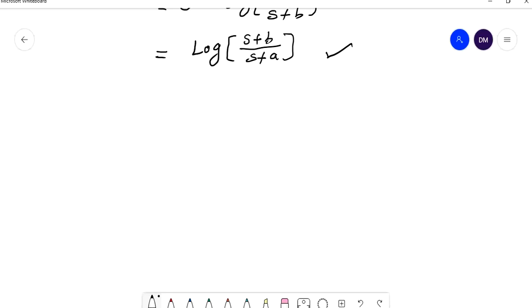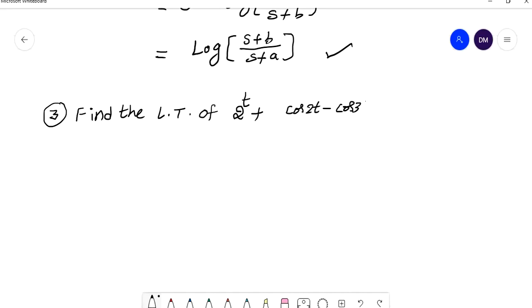The third problem is: find the Laplace transform of 2 power t plus (cos 2t minus cos 3t) by t plus t sin t. This is an important problem.